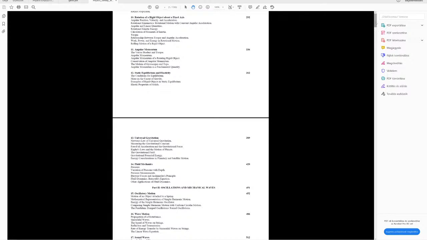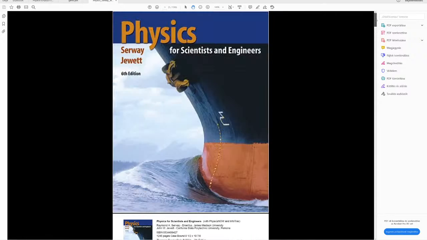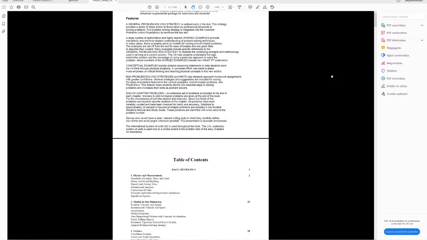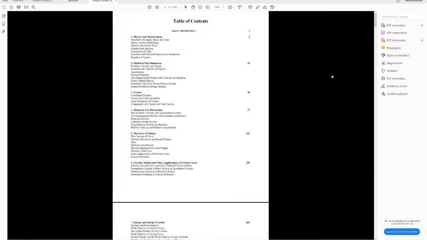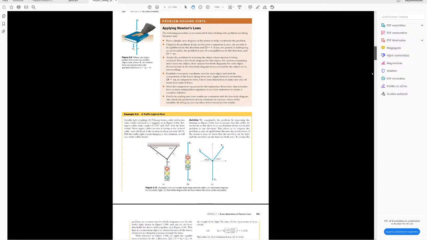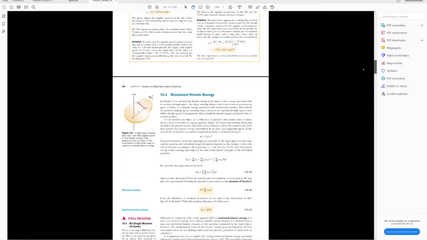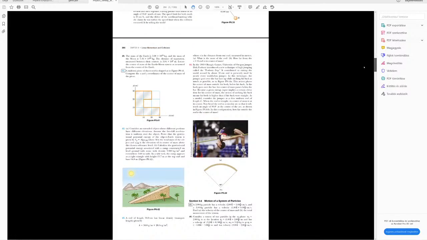And let's find some example because, wait, where is the circular motion, energy transfer, 181. That's a pretty long book.